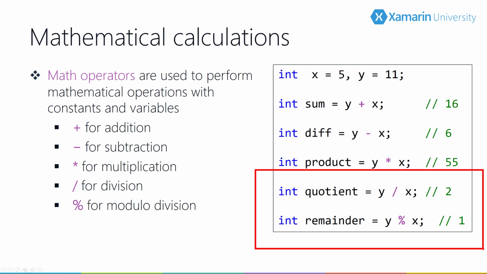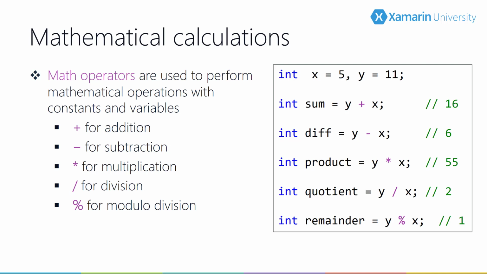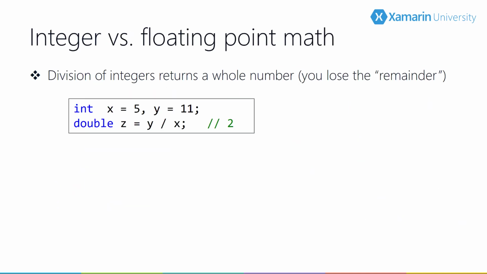So let's take a second to go over why we're getting that value with the quotient. Here's the same example: int x equals 5, y equals 11, z is y divided by x, and we're getting 2. The reason is that we are doing what's called integer division.